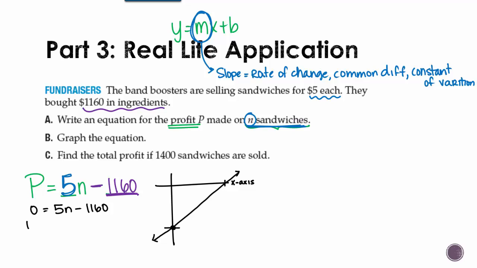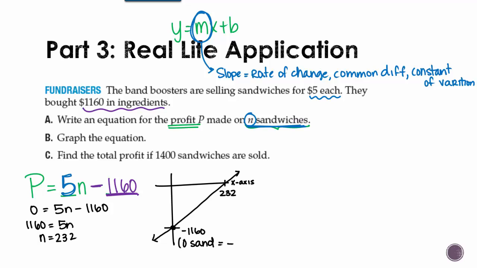So I'm going to add 1160 to the other side. And if I divide both sides by 5, I end up with n has to be 232. So stop and think about what that means. Down here, this is if I sell 0 sandwiches.